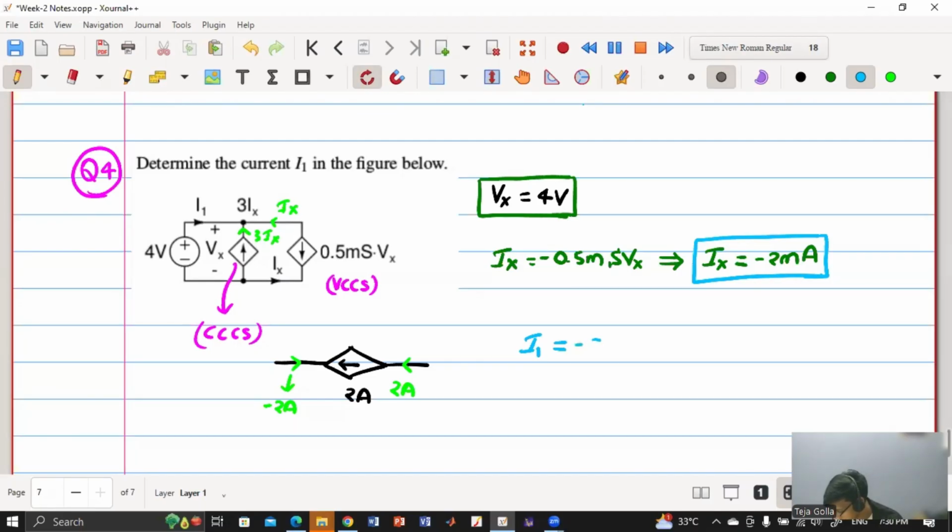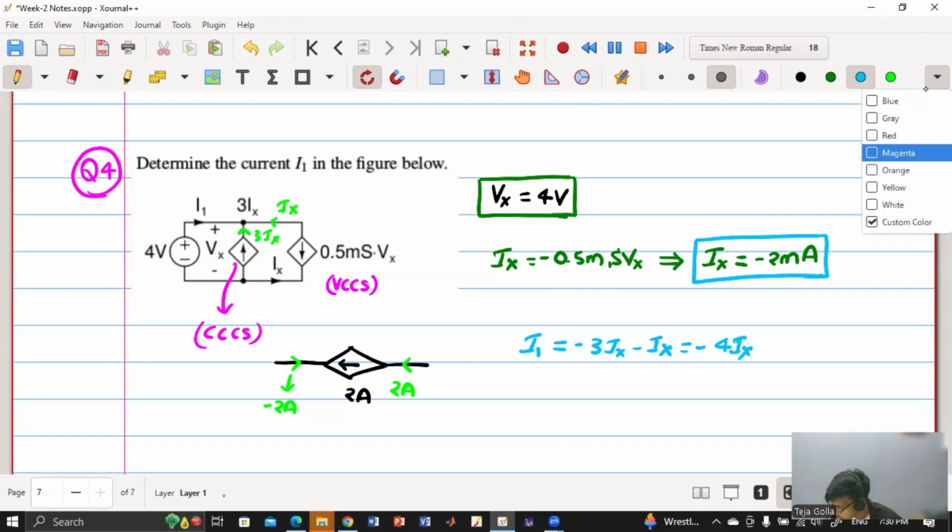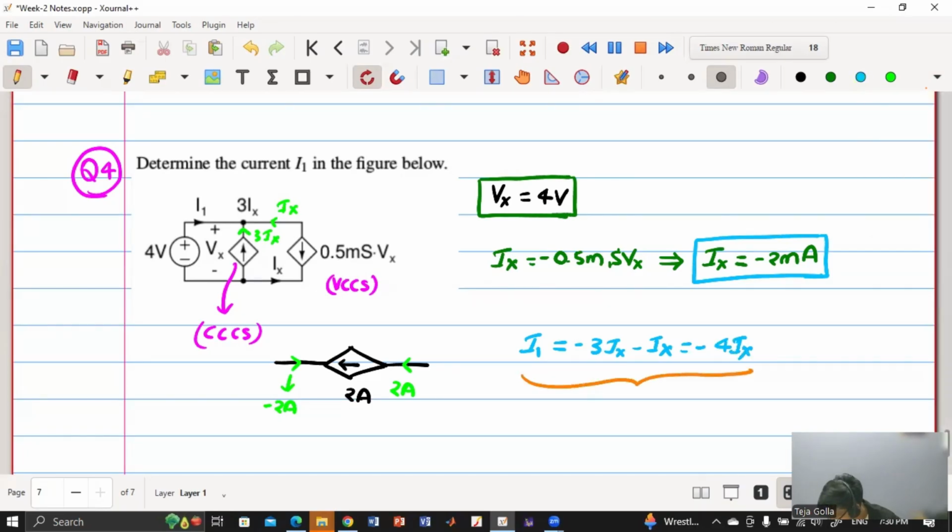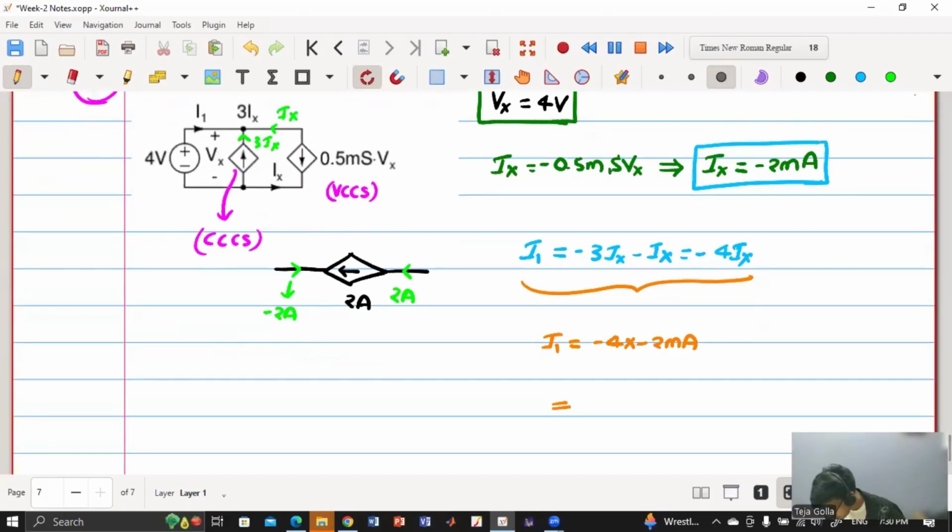I1 is nothing but minus 3Ix minus Ix, right? Because all the currents are entering, the summation of all the currents is 0. So I1 plus 3Ix plus Ix is equal to 0. So I1 is nothing but minus 3Ix minus Ix, which is minus 4Ix. So from this, we can get I1 equals minus 4 into minus 2 milliamperes, which means I1 equals 8 milliampere. Agree?